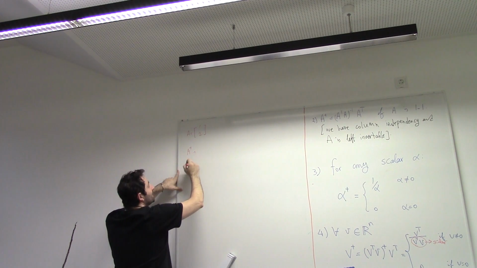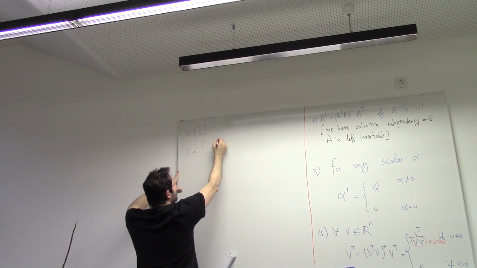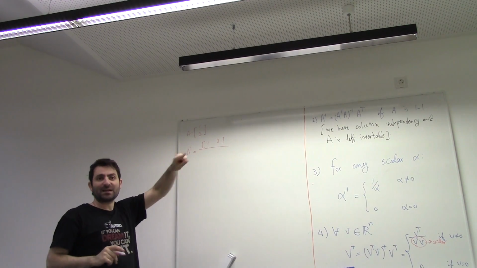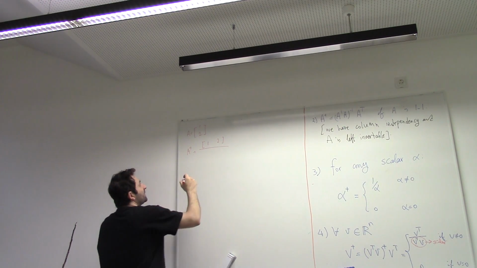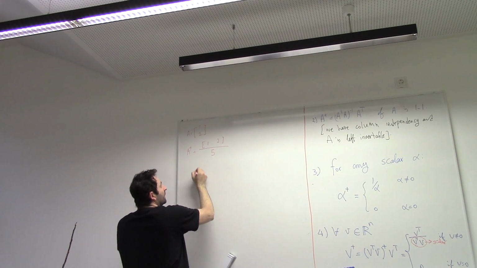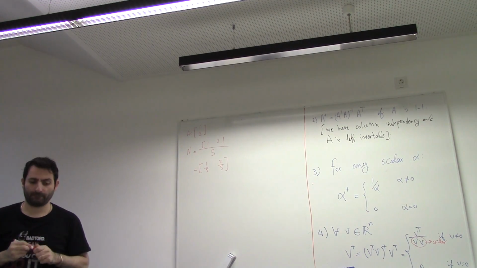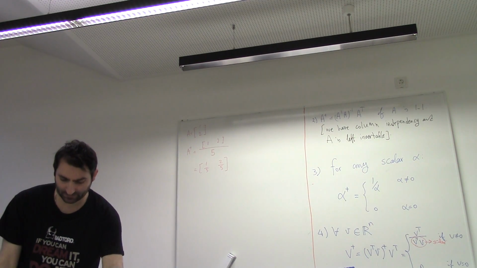A plus is V transpose, which is 1 and 2, divided by V transpose multiplied by V, which will be 5. So it will be 1/5, 2/5.